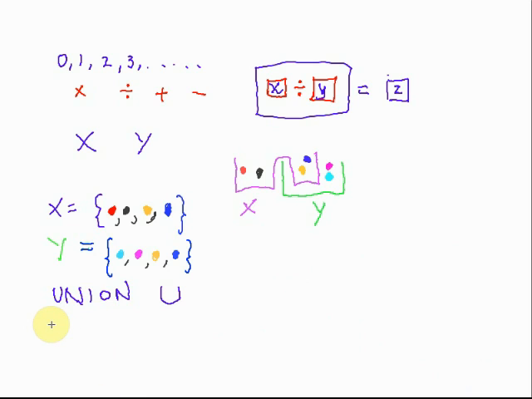Okay, now in addition to union with this U sign, we can operate on sets in two other ways that we're going to discuss. And our second operation I'm going to call intersection. And again, you'll have to forgive my writing.